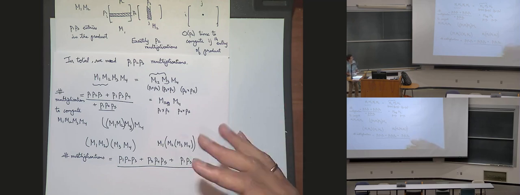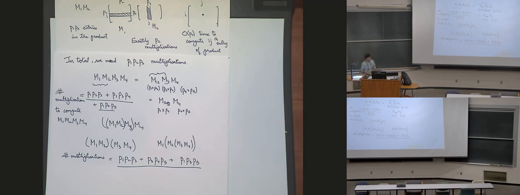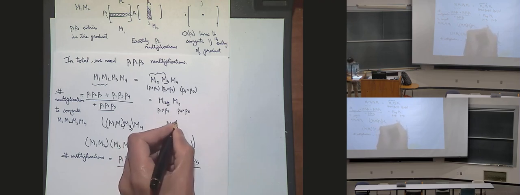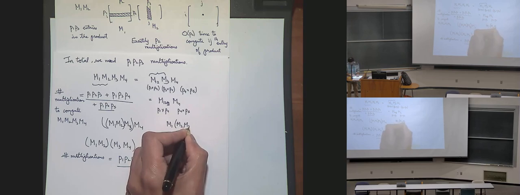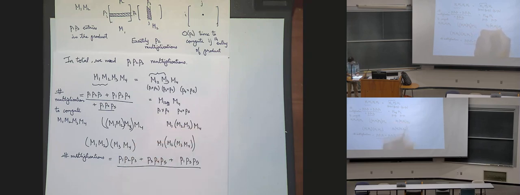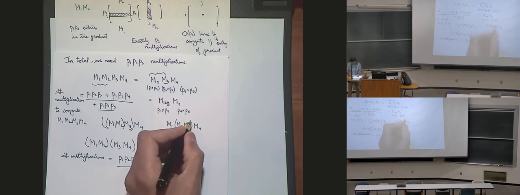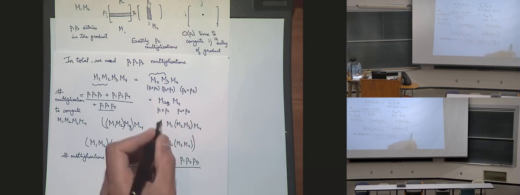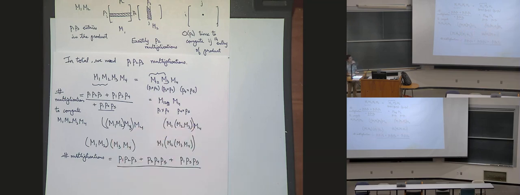Right? Does that make sense? Or you could also do M1 times M2, M3, M4, and this you could parenthesize. Let me see, you could do it this way. I could do that. Is this making sense here? And for each way of parenthesizing, you'll have some different number of operations to do.